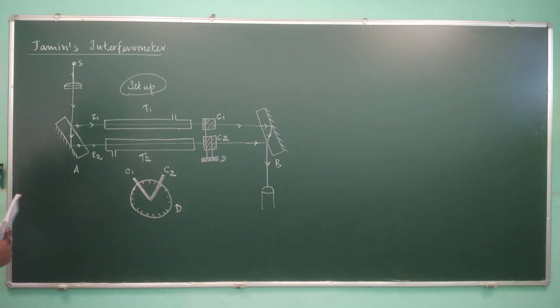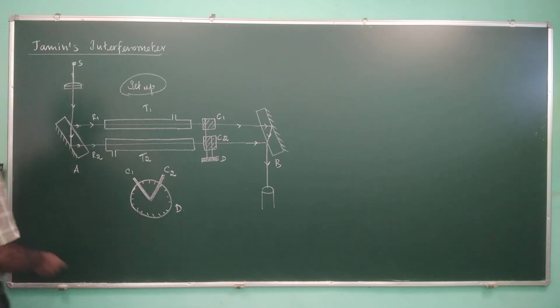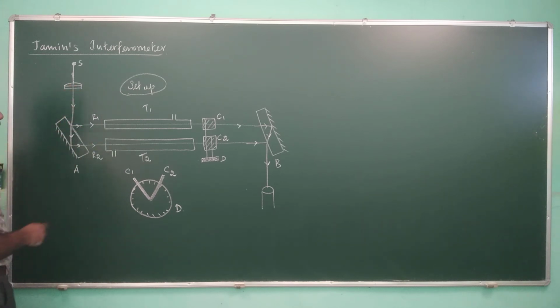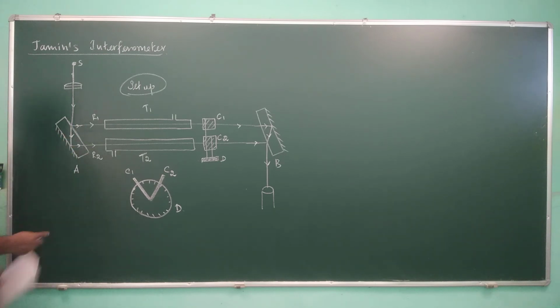Okay, so what happens is light comes from the light source S and becomes parallel at this point. This parallel light is reflected at the lens A. Here two light rays are created. One light ray is directly reflected from the upper surface. Another one is the light ray reflected from the lower surface.